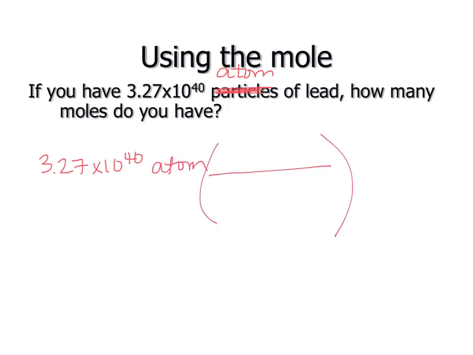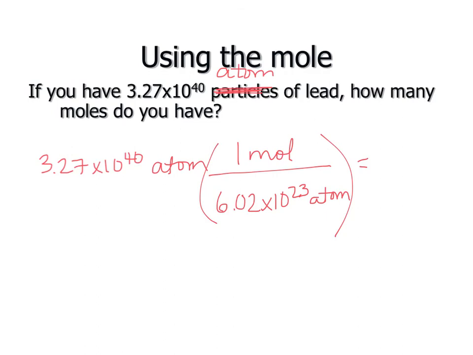Which means this time, what number has to go on the bottom? Because it's 1 mole equals 6.02 times 10 to the 23rd atoms. So for 3.27, you're going to have to use your E button twice. So we have 3.27 times 10 to the 40th, and because that's on top and the 6.02 times 10 to the 23rd is on the bottom, we're going to divide this time.